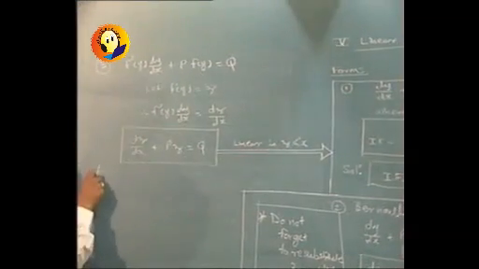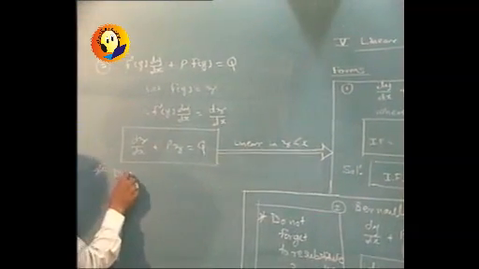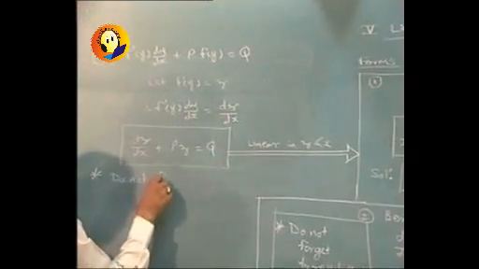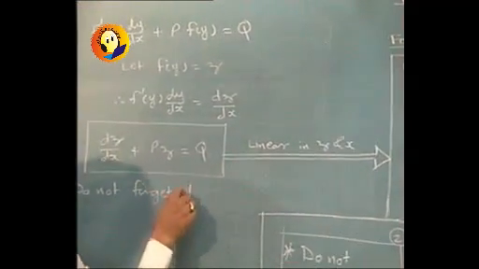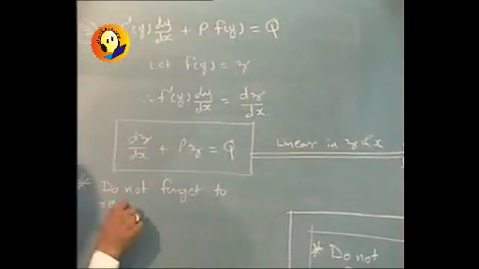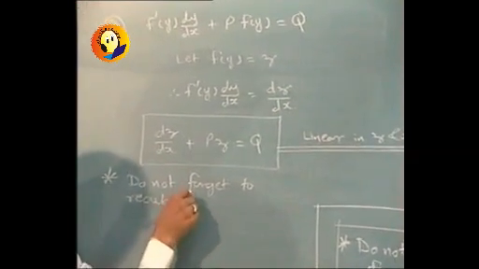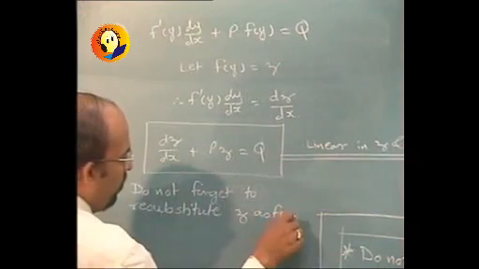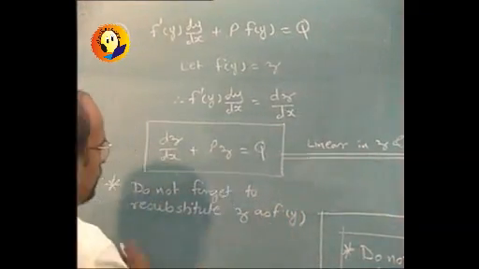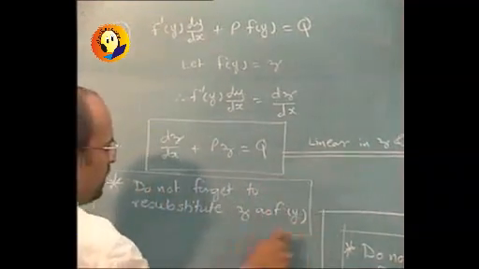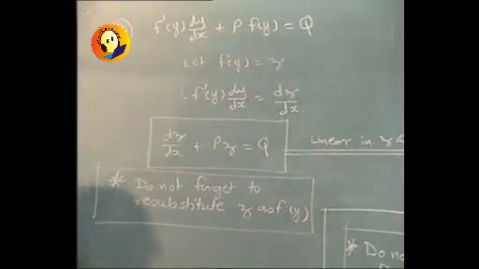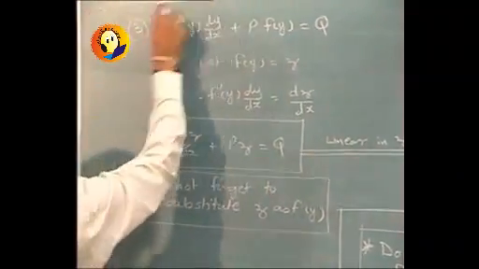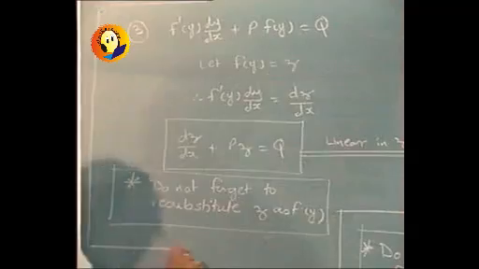Carrying the same note again, do not forget to resubstitute z as f of y. This note is also very important, and these are the three forms of linear differential equations which we are required to study.